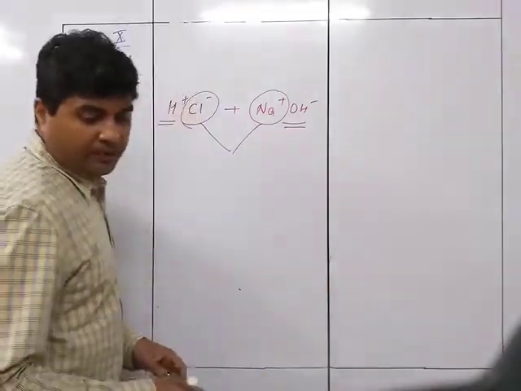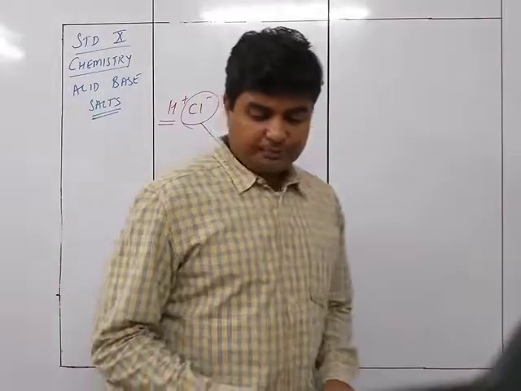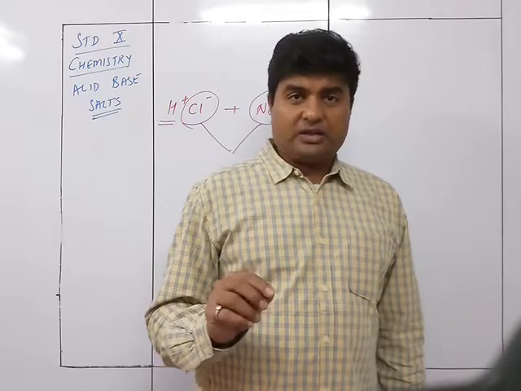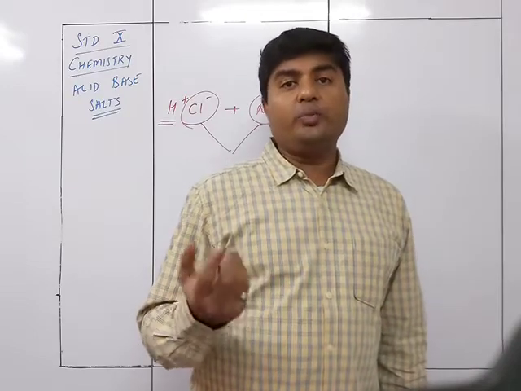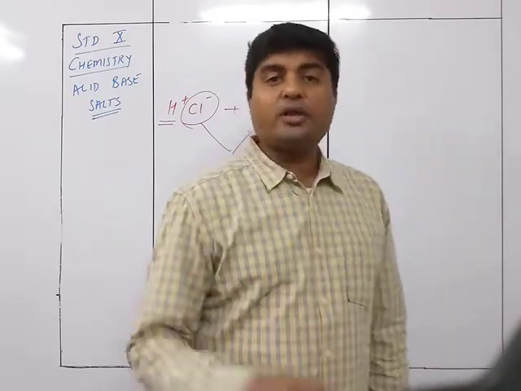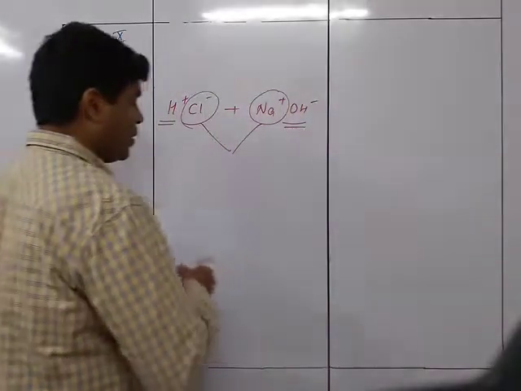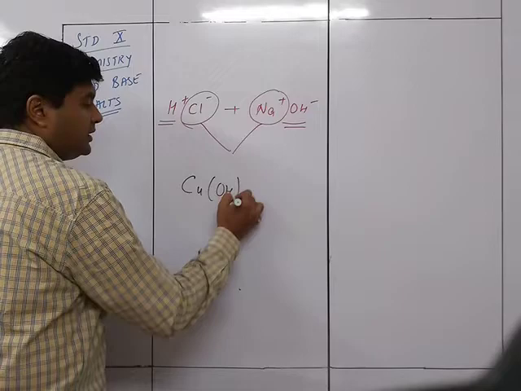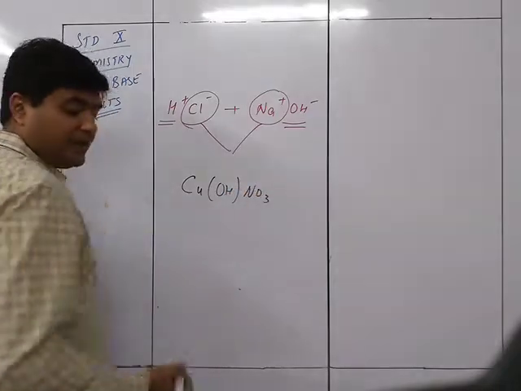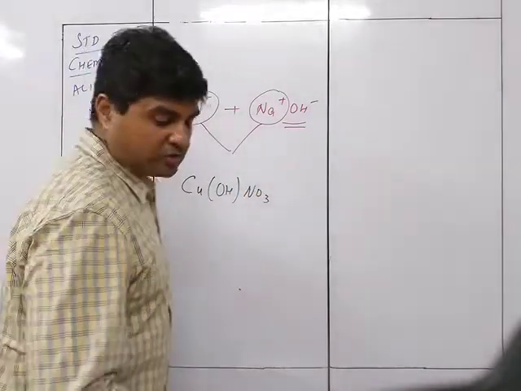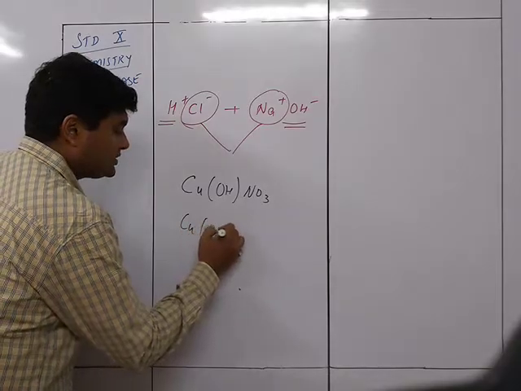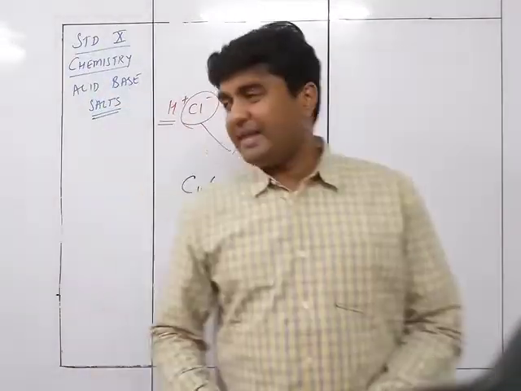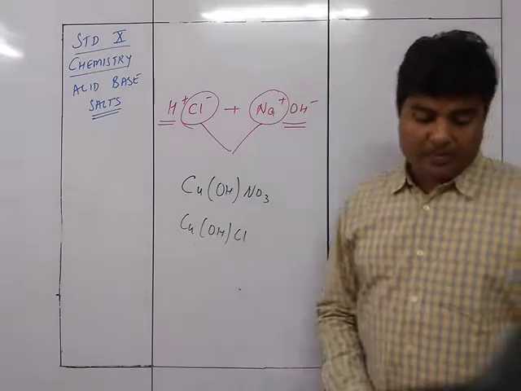So we have the condition in which the replaceable OH ions are replaced by the acid radical, and hence the formation of salts like Cu(OH)NO3. There could also be something like Cu(OH)Cl. These are examples of a basic copper nitrate and a basic copper chloride.